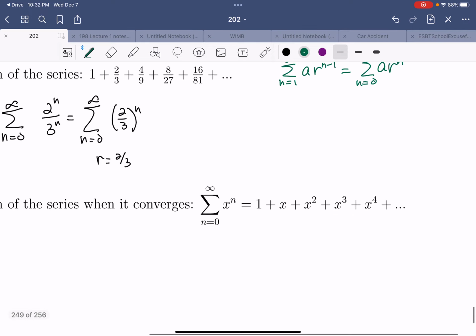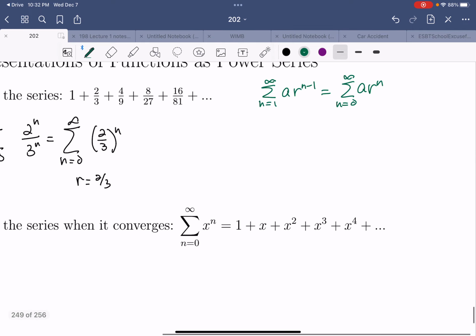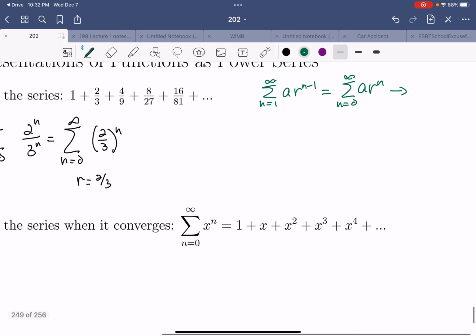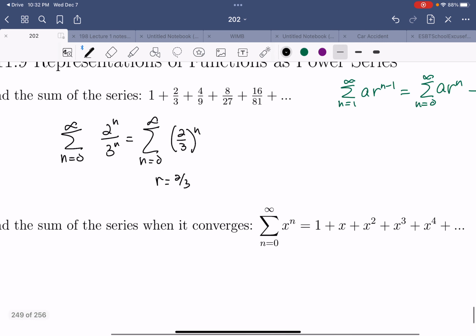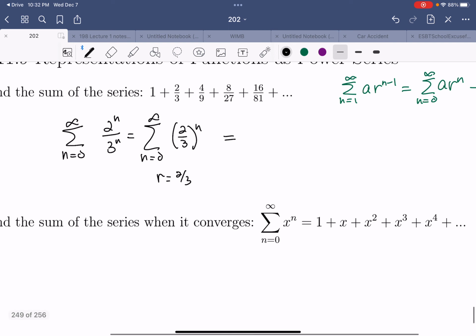So in this particular situation, remember that this will always converge to a over 1 minus r. In this case, our a is 1 because I'm not multiplying my 2/3 times anything. So this is 1 over 1 minus 2/3, which is 1 over 1/3, or just 3.